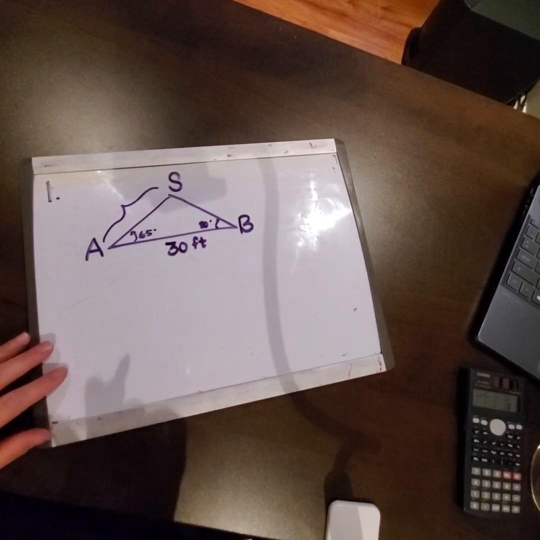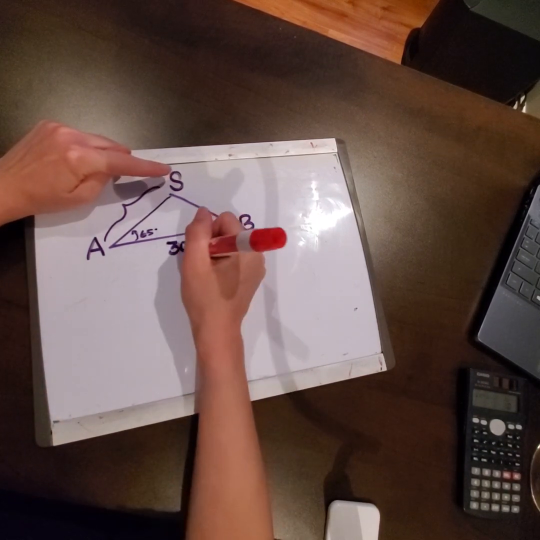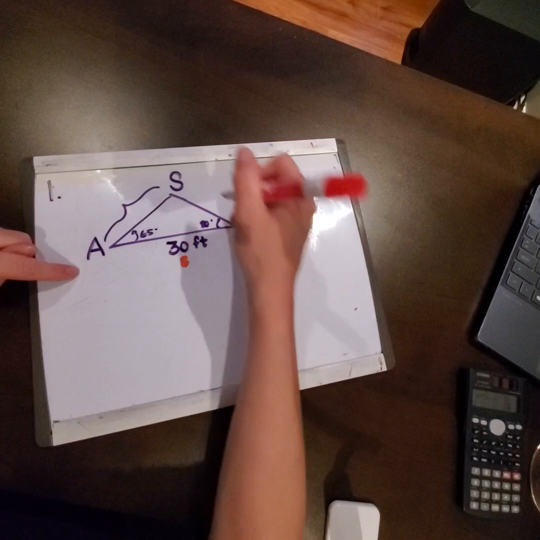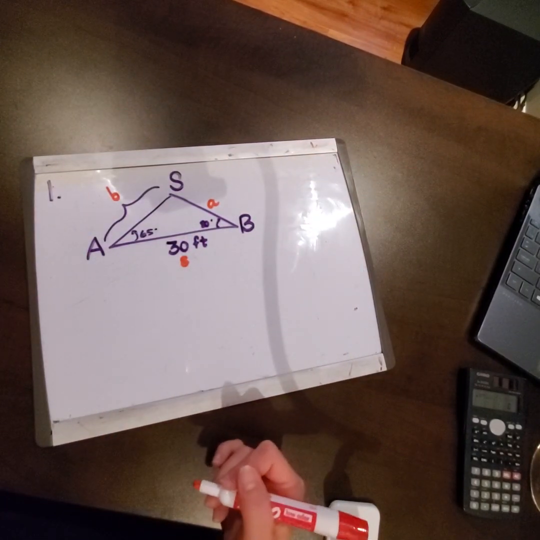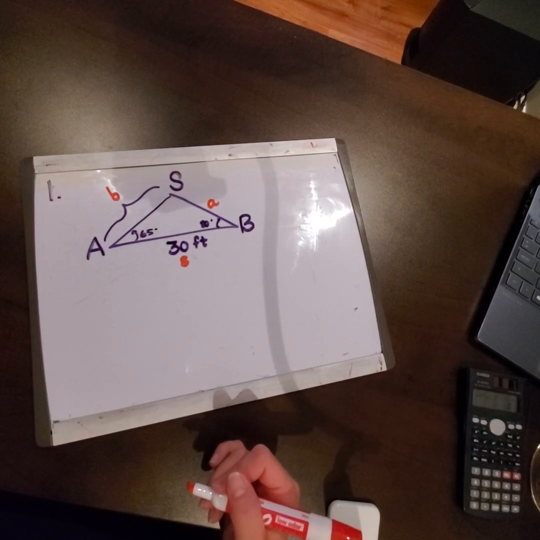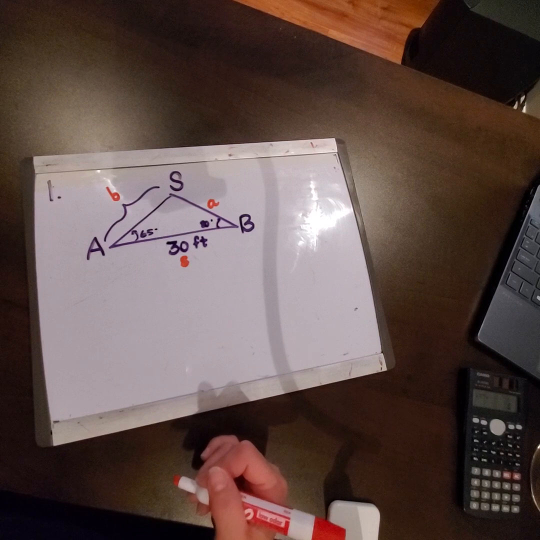Okay? So the first thing I'm going to do is label this using lowercase letters. If this is big angle S, this is little side s. Big angle A, little side a. Big angle B, little side b. Okay? I know for a fact I am not going to be using the primary trigonometric ratios or the Pythagorean theorem because this triangle does not contain a 90-degree angle. Okay?